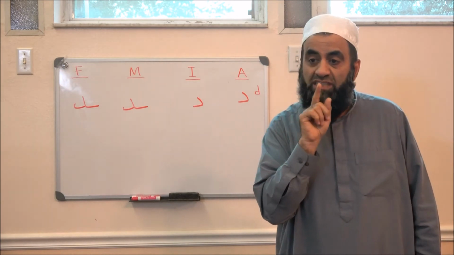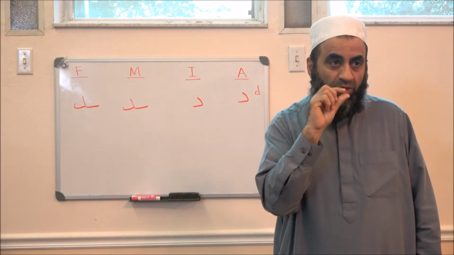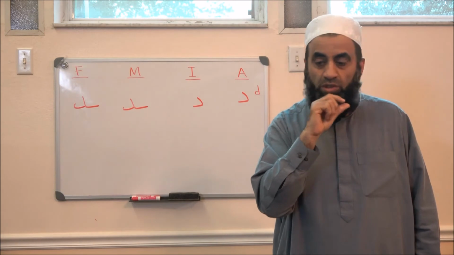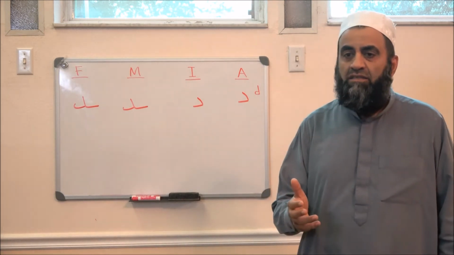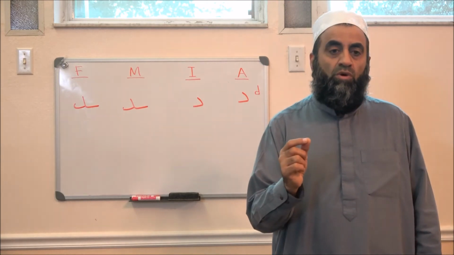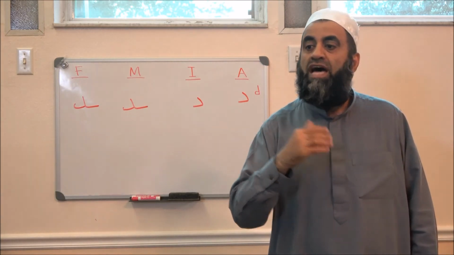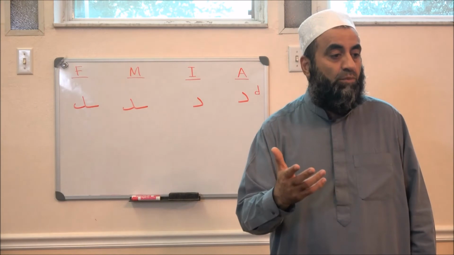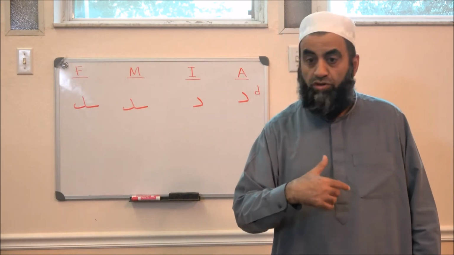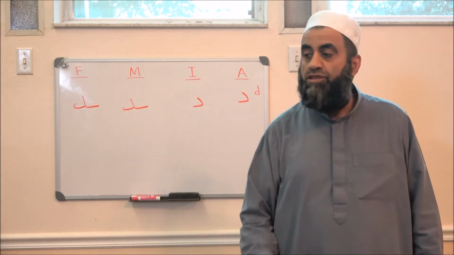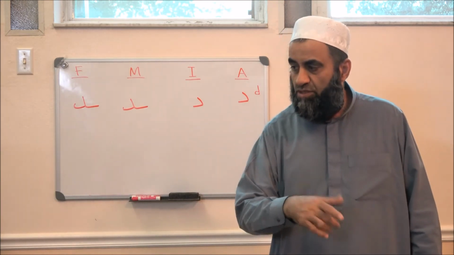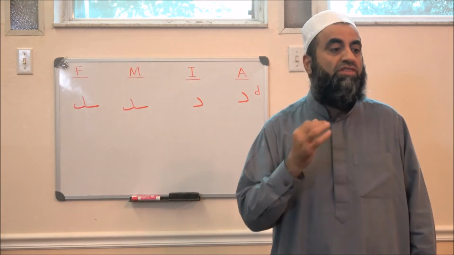Notice that the tongue extends between the upper and lower teeth and it vibrates. More or less, when you pronounce the word that book, the TH in the word that book or their book or those, that sound, the TH in the word that.